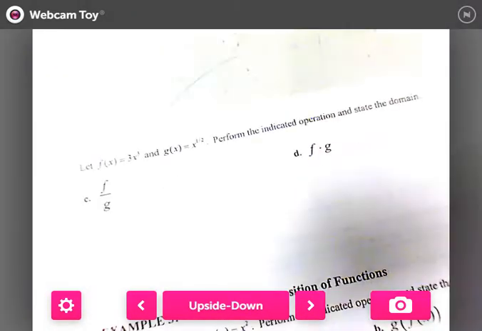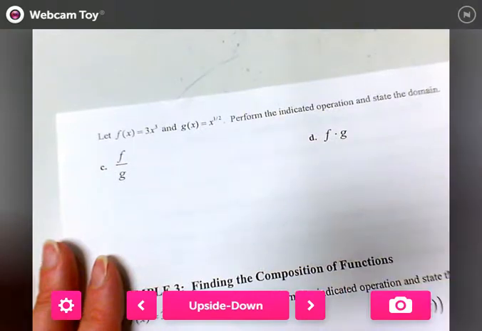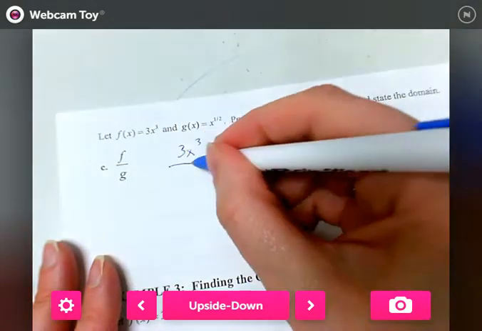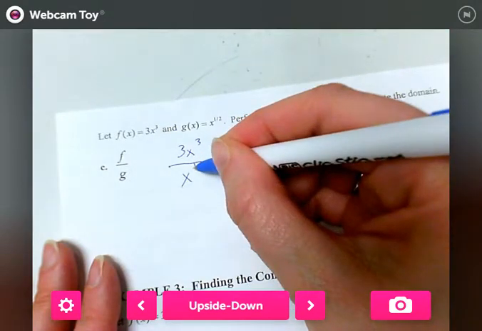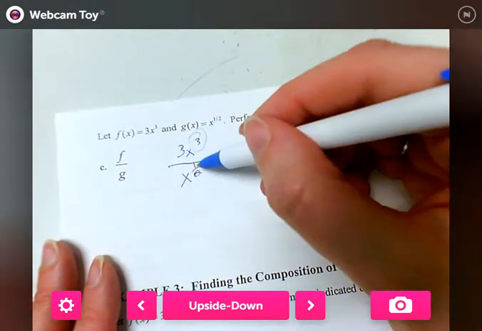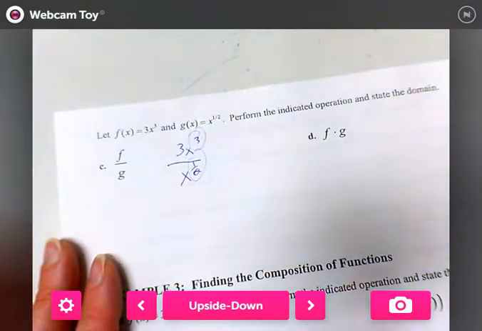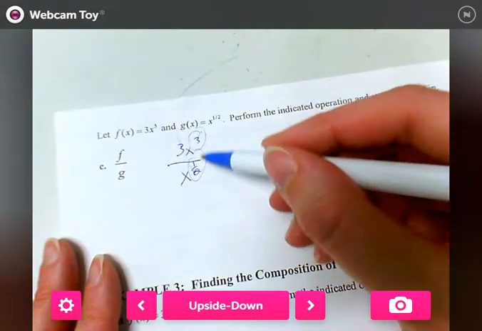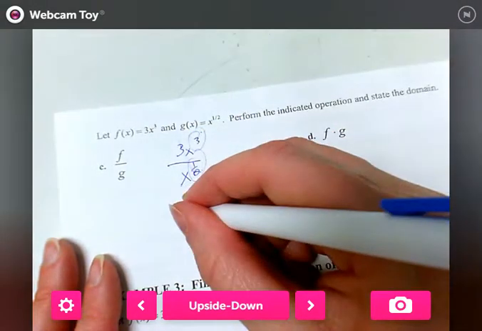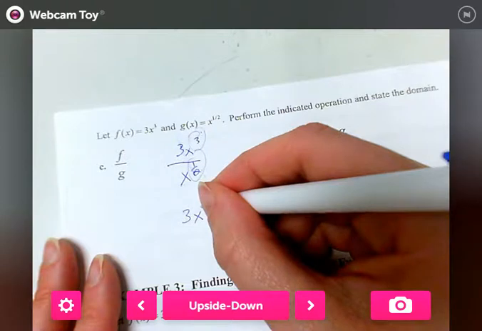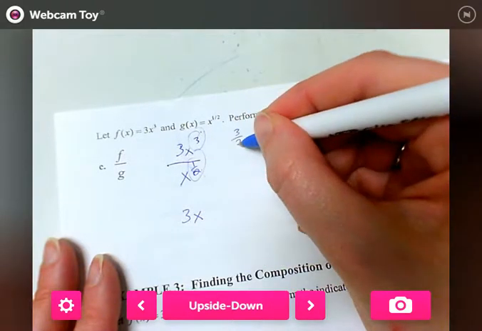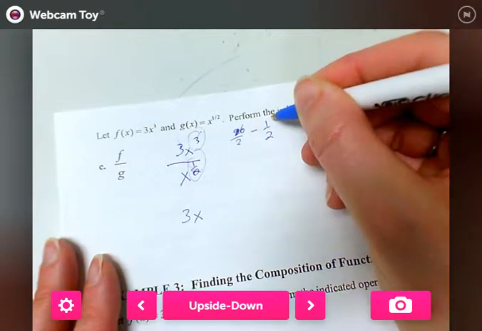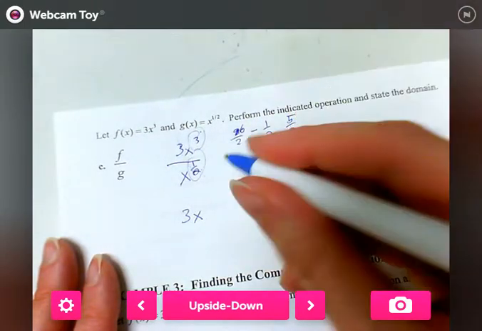All right, let's look at C. So I'm going to go 3x to the third over x to the 1/2. Now remember, with exponents, there's nothing in front and nothing being added or subtracted, so I can just subtract these. What's 3 minus 1/2? It's like 3 over 2. We have to put a 2 on the bottom, so we times the 3 by 2, 6 minus 1 is 5 over 2.